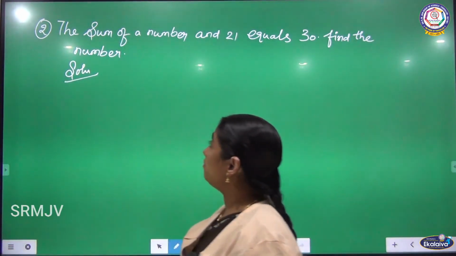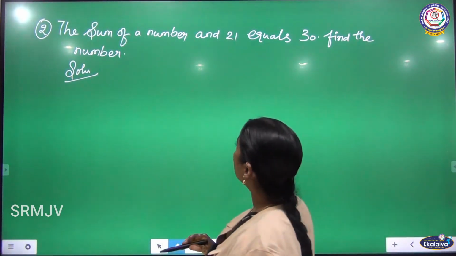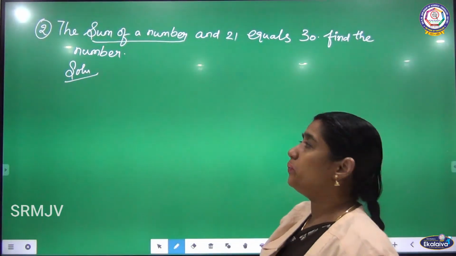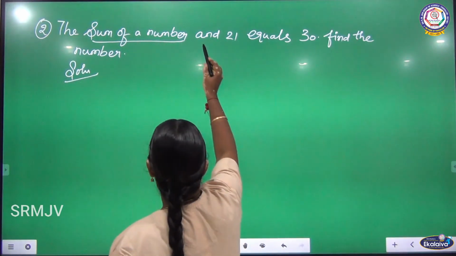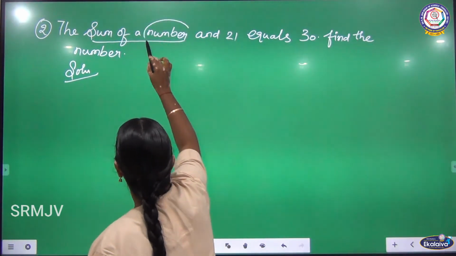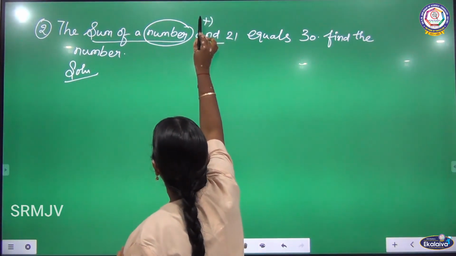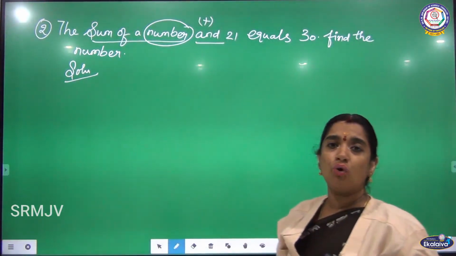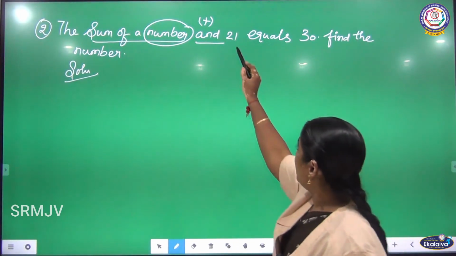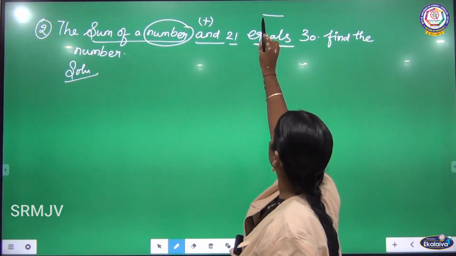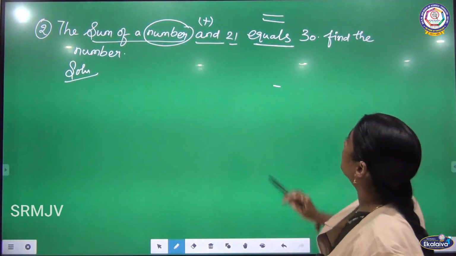Now listen. You have to frame the equation. The sum of a number and 21. So I don't know that number. The sum of a number and 21. So instead of 'and' I have to put what? Plus 21. Equals means what?